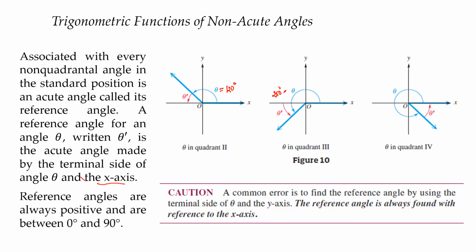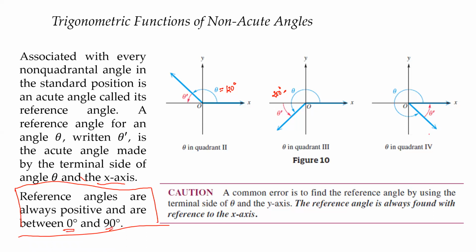Now for our third picture here, which is theta in quadrant 4, we know that for our angle to be in quadrant 4, it must be greater than 270 but less than 360 degrees. So instead of referencing our angle to 180, this time we will reference it to 360, because your reference angle must always be positive and between 0 and 90 degrees.